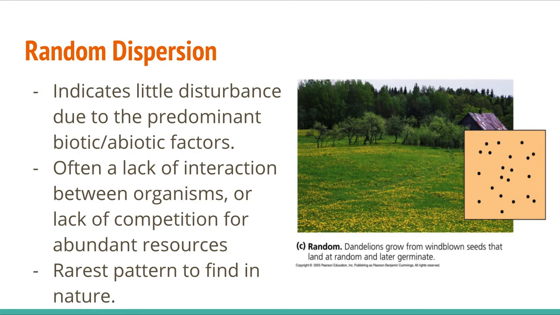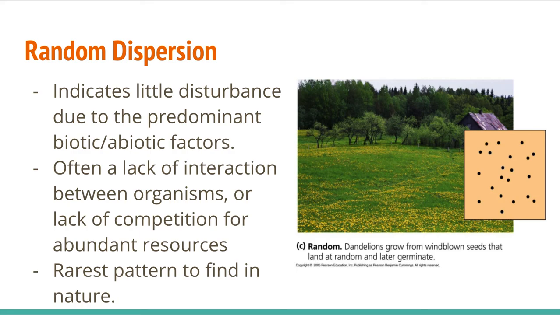So dandelions, if you look at a field, often just grow wherever they land because they are, as many of us know, very stubborn, very hardy plants. They can just grow wherever, even if it's in a crack between the pavement. They're very tough and very good at surviving. So even in areas where other organisms wouldn't randomly distribute, dandelions can.